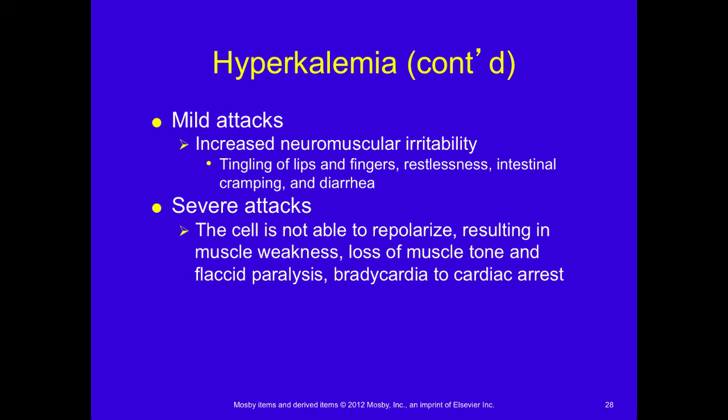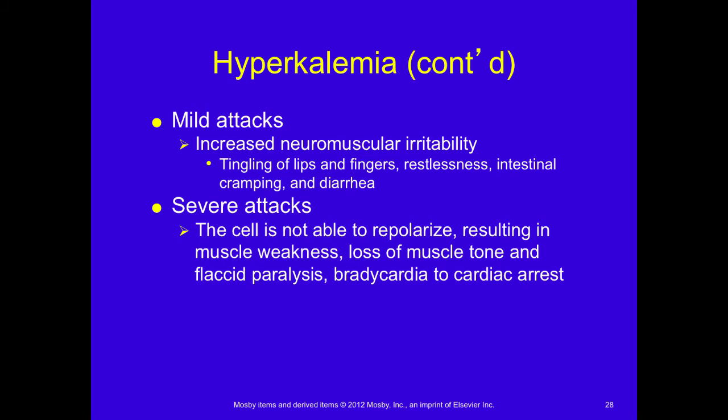Okay, this is a biggie. You need to know these symptoms, these manifestations. Okay, early mild attacks versus severe attacks. Notice a severe attack can result in cardiac arrest, of course. Early signs would be cramping, tingling, restlessness, like something is just wrong.